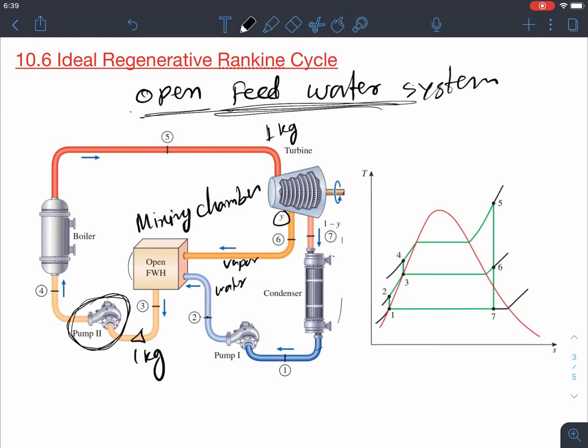So the temperature is increasing and it's becoming saturated, because the vapor is coming as well as the water is mixing, so it's becoming saturated liquid. So right here, point 3. Again, once the temperature is increasing, when it's passing through 3 to 4, it's also increasing the pressure again.